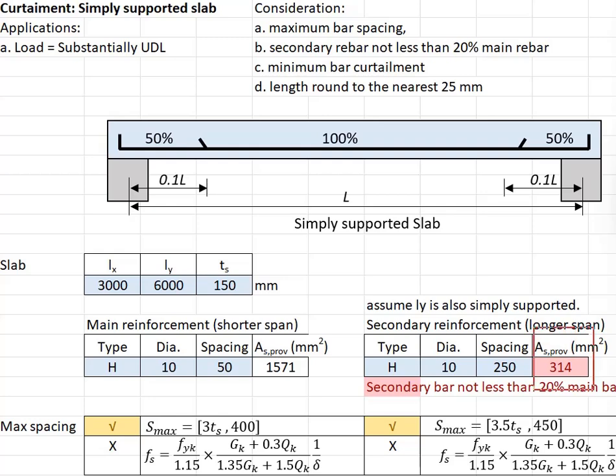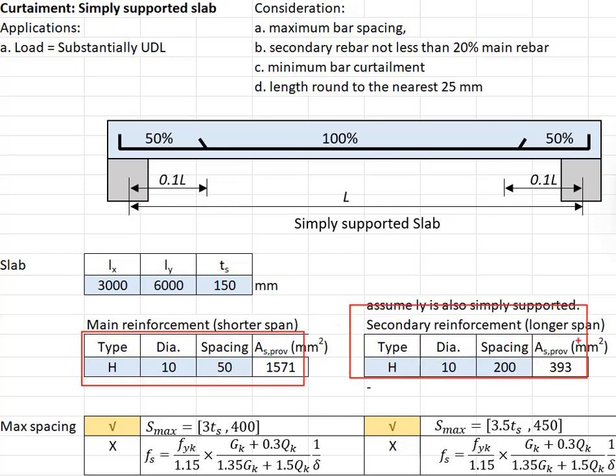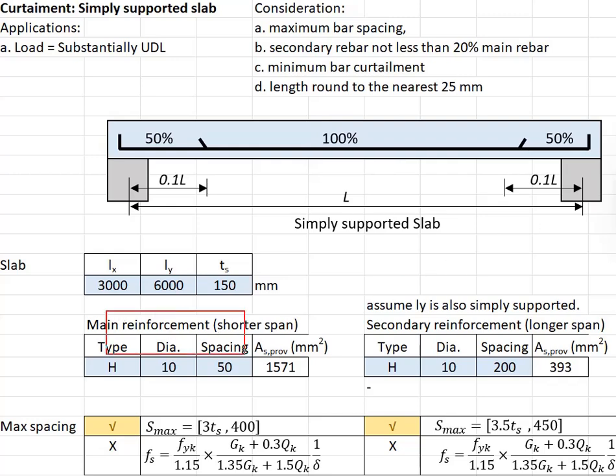Therefore, you will need to increase the amount of reinforcement bar provided as the secondary reinforcement. For this case, we will stick to 200 mm. This will represent the amount of reinforcement bar at the midspan of the simply supported slab as the main reinforcement bar and as the secondary reinforcement bar.